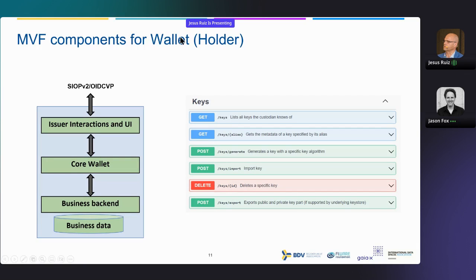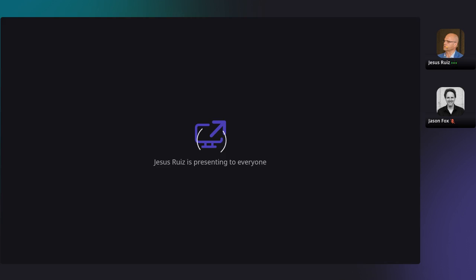Then components for the wallet. So, okay, you are going to get a standard wallet, so you don't have to care about the wallet. But what happens, and this is going to happen, if you want to integrate a wallet, like, for example, this bank that wants to use verifiable credentials. Many companies already have mobile applications or PWAs, okay, web applications.